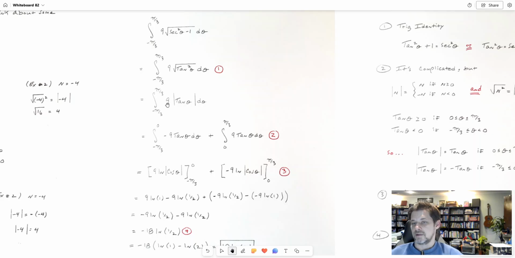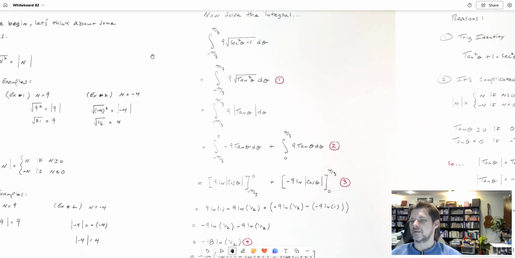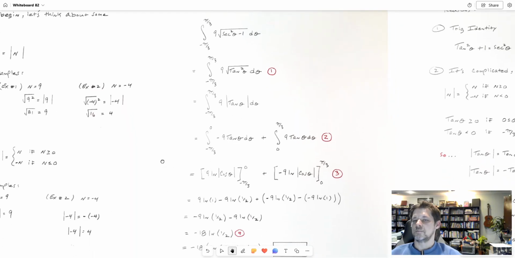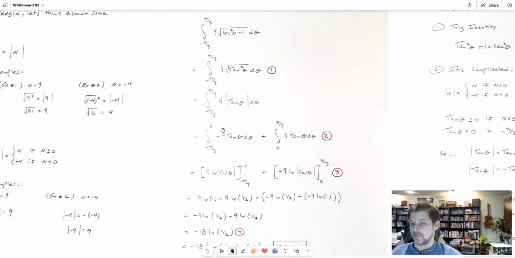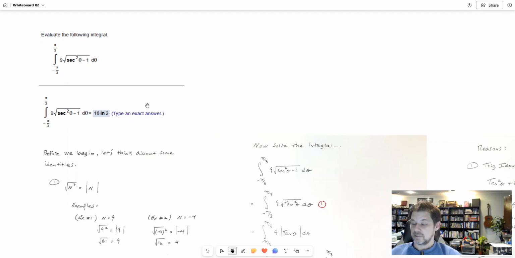So I don't want to rely on doing it that way, because it would break down if this was a little bit different. What I've showed you here would work even if the bounds were different. You could just evaluate quadrants 1, 2, 3, 4, absolute value, where's the function positive or negative, and break down from there. So that's my example that I want to show you for today.